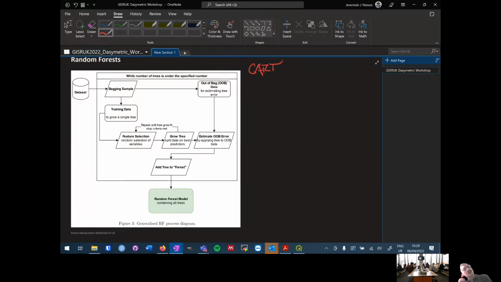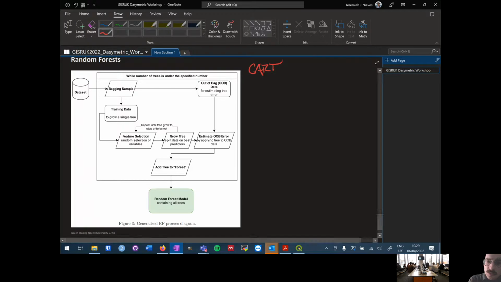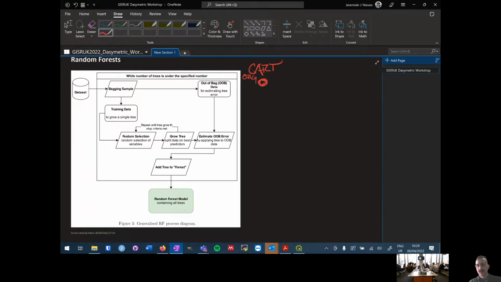Classification and regression trees are essentially trees where you start with one, and we'll describe this as a network, essentially. You start off with your original data in some way. And we'll use the classic cars data set for the examples here.